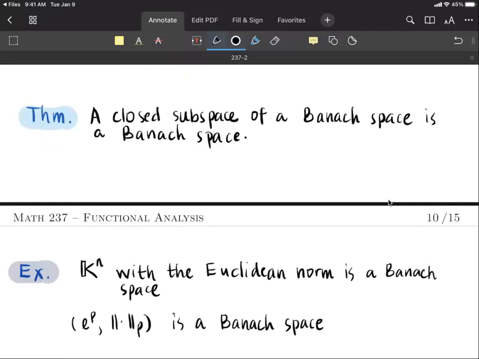In fact, one can show that this is also a Banach space. So the set of sequences having a finite p norm is also complete. Again, we defer the proof to the measure theory and Lebesgue integration theory lecture.